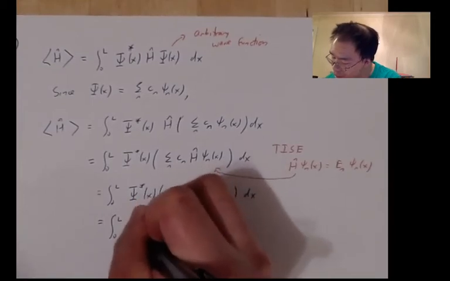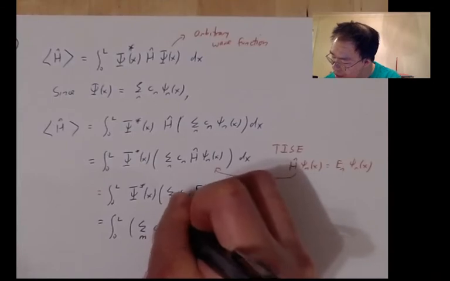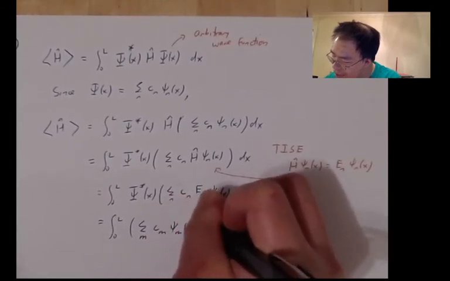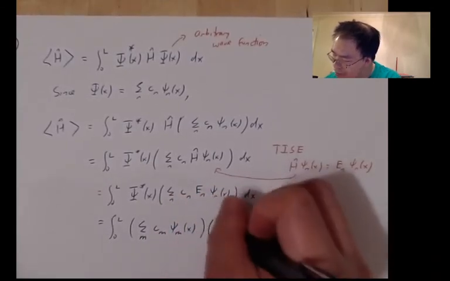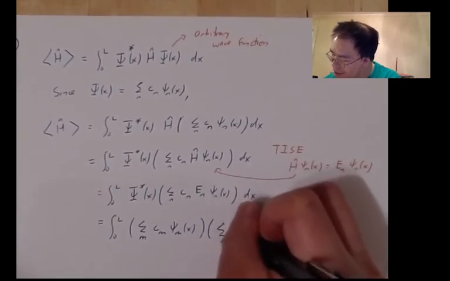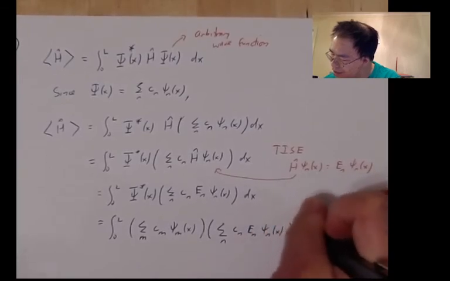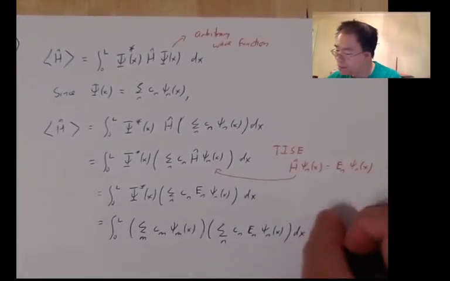This is now the sum on m, c sub m psi sub m of x, times the sum on n, c n E n psi n of x, dx.